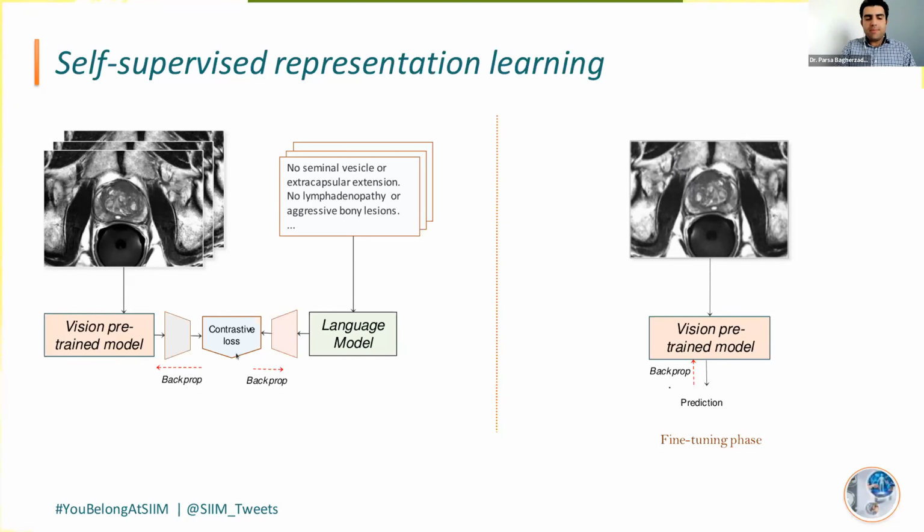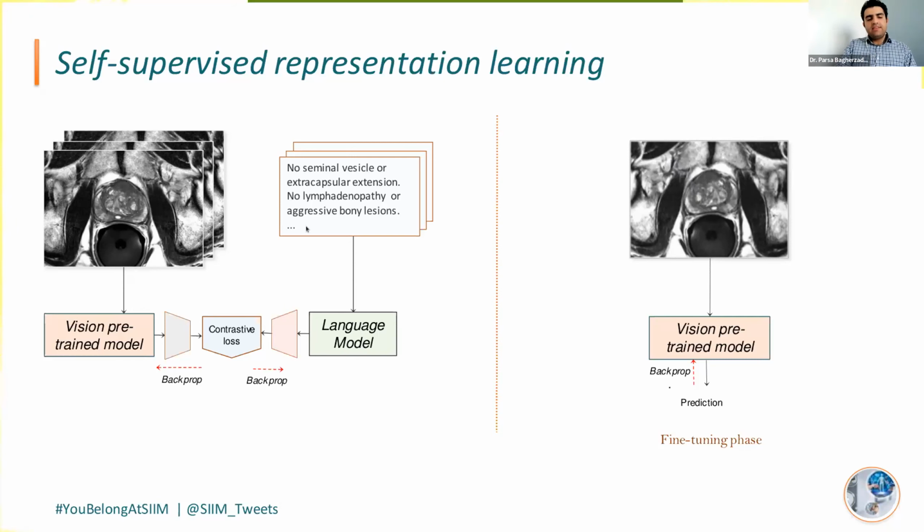Then we want to minimize the distance between these two in the vector space, because one can argue that these are basically two different representations of the same phenomenon.